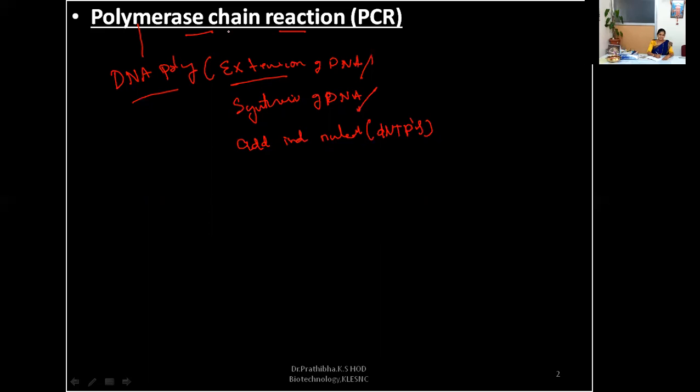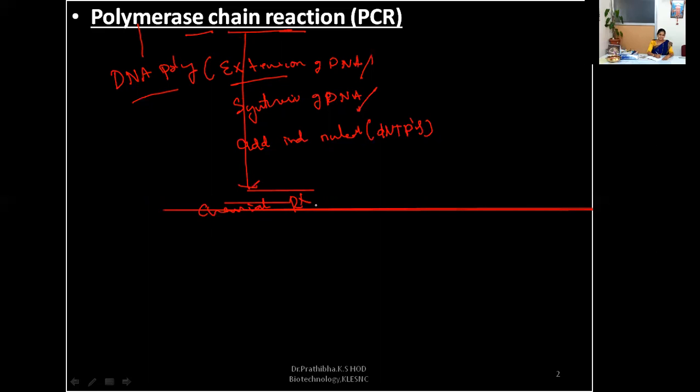Now coming to the chain reaction. This chain reaction is nothing but a chemical reaction which proceeds in an exponential manner.